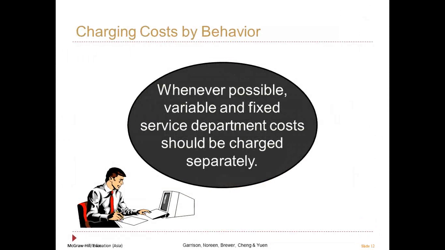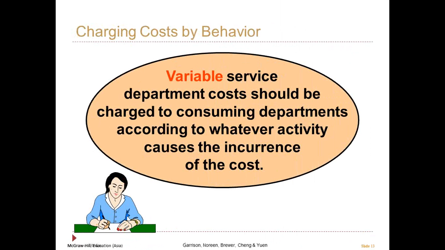So whenever possible, variable and fixed service department costs should be charged separately. Charging costs by behavior means variable service department costs should be charged to consuming departments according to whatever activity causes the incurrence of the cost.